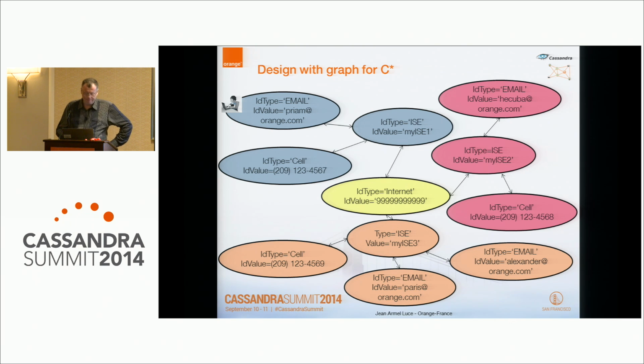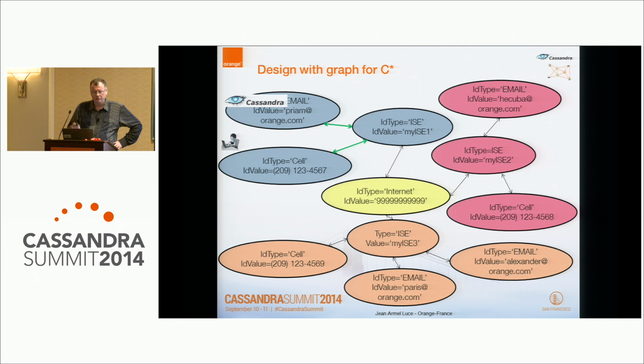So when a user wants to retrieve some information of a customer and knows the email address, and the information that the user wants to retrieve is stored in a table where the primary key is the cell number, we just have to explore the graph, and then we are able to retrieve the cell number and then to query the information required by the user.